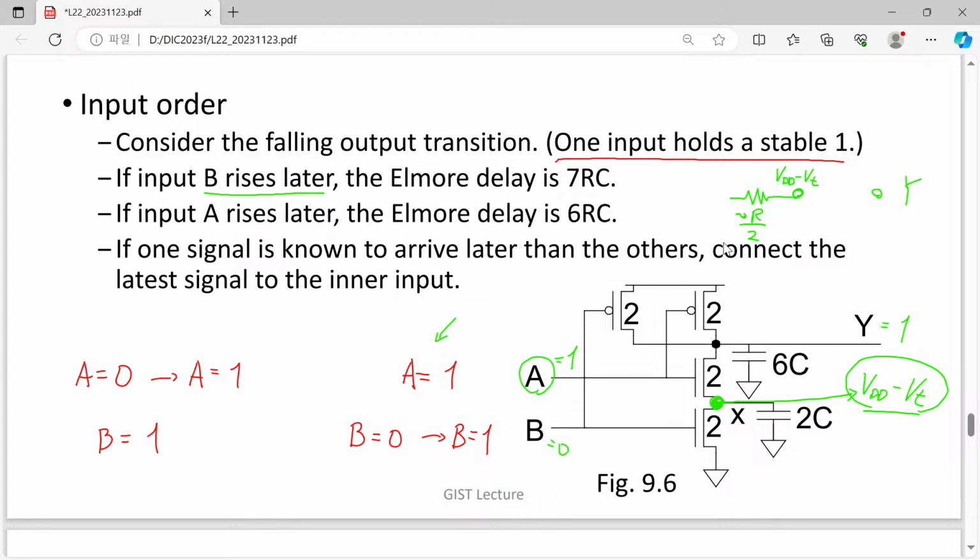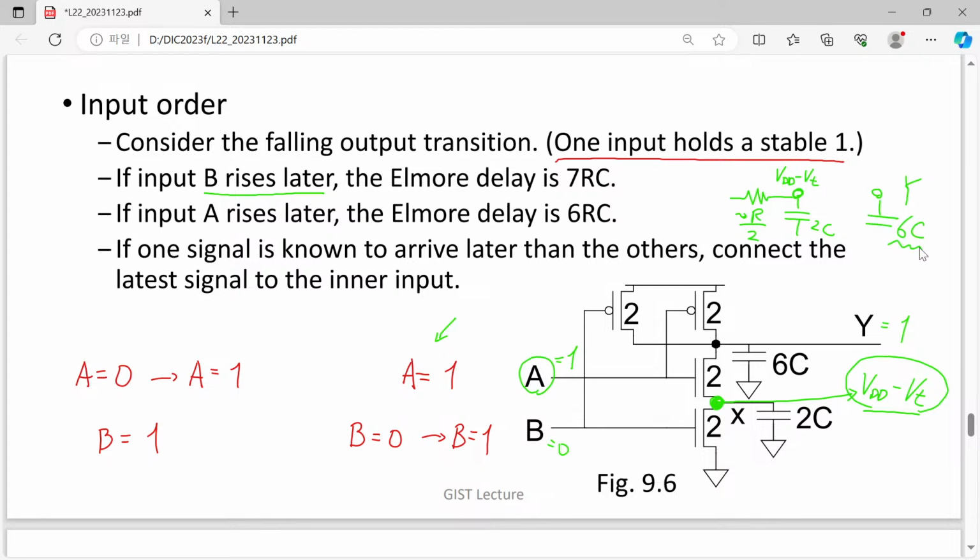Since we are talking about N MOSFET, there is no penalty about mobility. However, since our transistors are twice wider than the unit one, our resistance is given this way. And here we have a capacitance like 2C, and here we have a capacitance 6C.